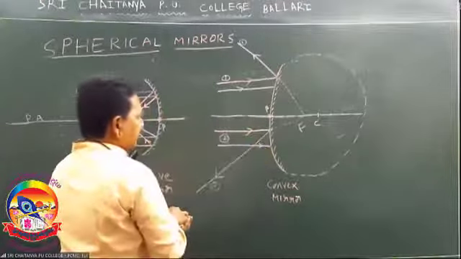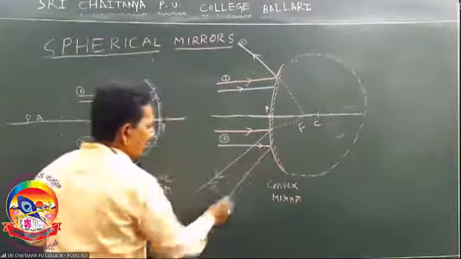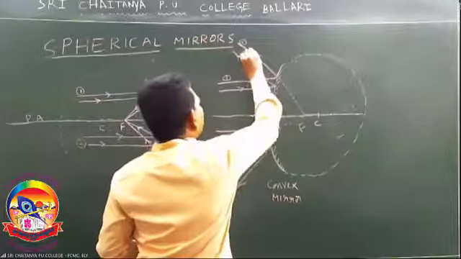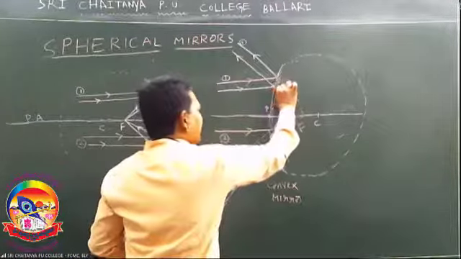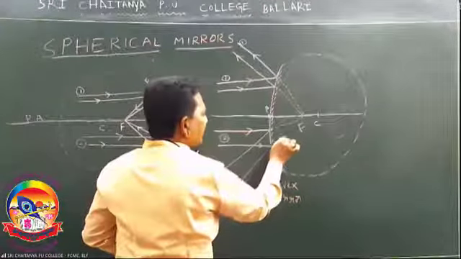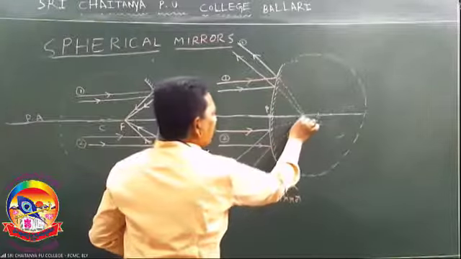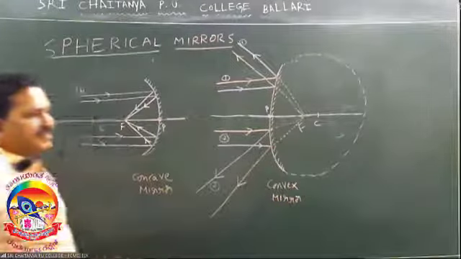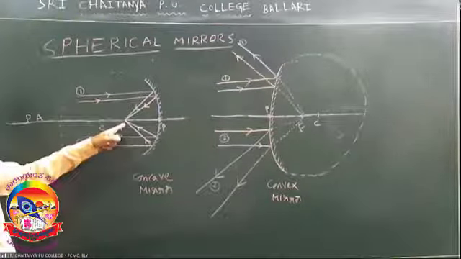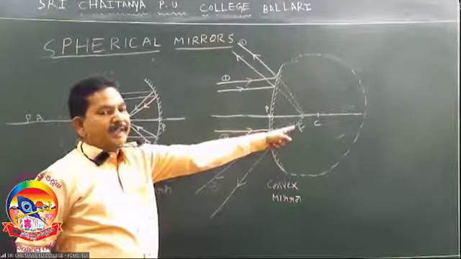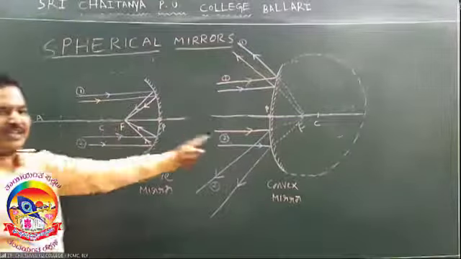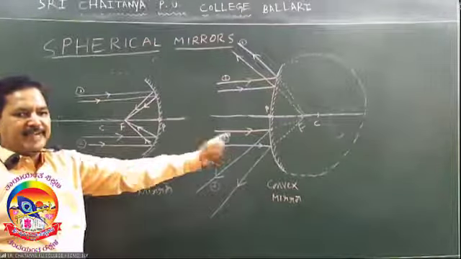After reflection, it will be reflected like this. These two light rays appear to be coming from this point. That's why these rays are called divergent rays. Here the light rays really meet, but here the light rays only appear to meet. That's why it is called a convergent mirror and a divergent mirror.